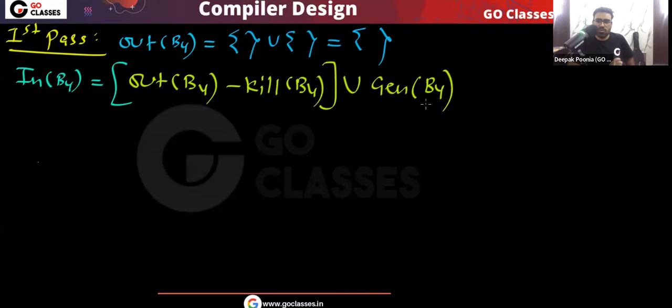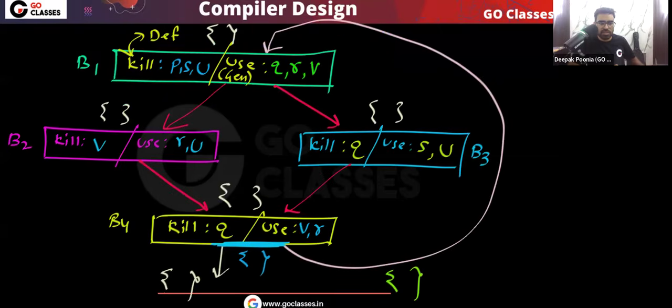From this phi, you remove kill, that is phi minus q, which is equal to phi, then you generate, that is VR. So finally you will get VR. Is this clear?